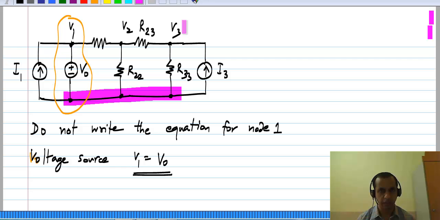Okay, so that's all that's there to it. Clearly in this case, when you have a voltage source like this, the voltage at node 1 will be equal to V0, so you don't need to solve for this one. You can take it as a given and solve for the rest of it. Or if you still want to write 3 equations in 3 variables, you would write them for V2 and V3, and you have this equation V1 equals V0. Either way is perfectly fine.